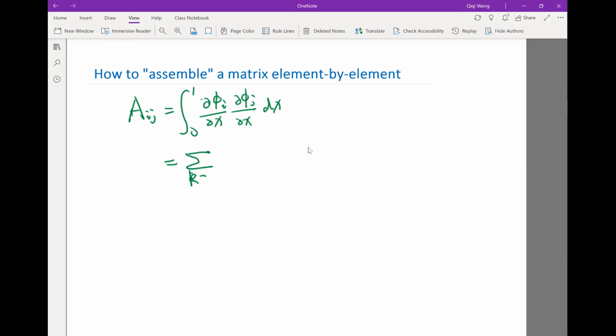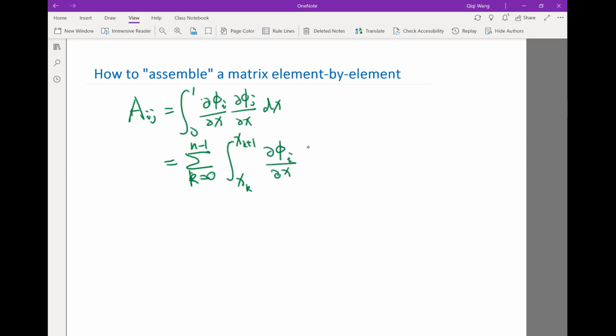Let's say k goes from 0 to n minus 1. This is a summation over every element in the domain. And the integral, of course, is split into xk to xk plus 1. So this is integration over a single element.